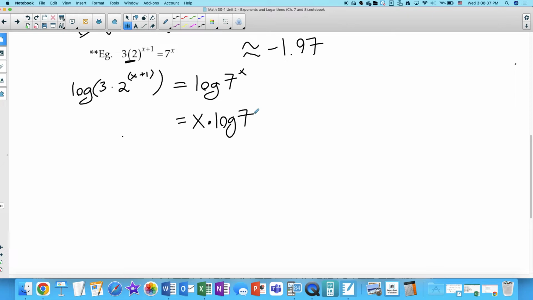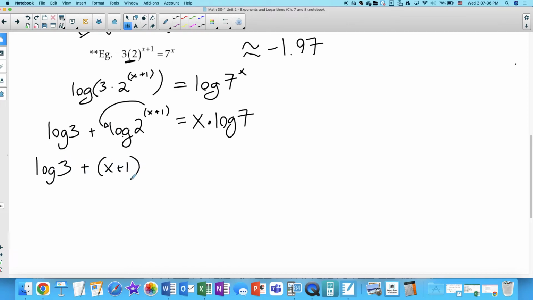But I could break it apart, right? I can break this up into the sum of two logarithms. So I'm going to make this log 3 plus log 2 to the x plus 1. And now I can bring this out in front here. So I'm going to have log 3 plus x plus 1 log 2 equals x log 7.